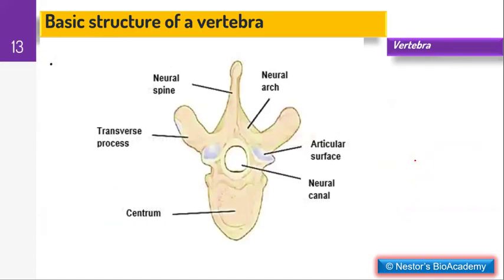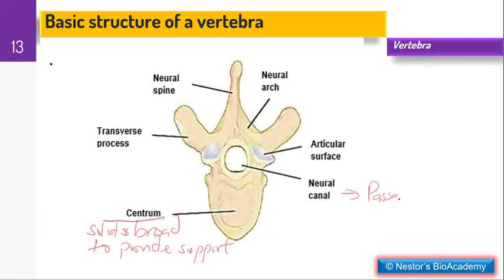So in a nutshell, the centrum is always solid and broad, and this is always meant to provide support. The neural canal is always allowing the passage of the spinal cord.